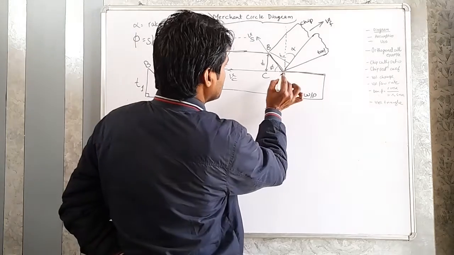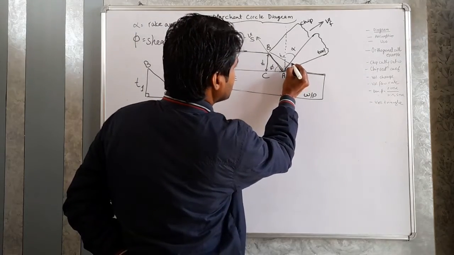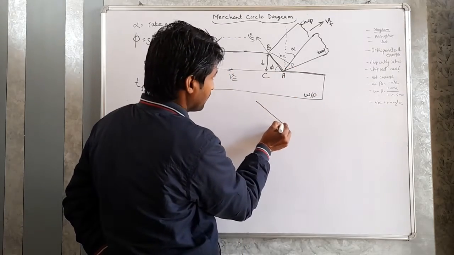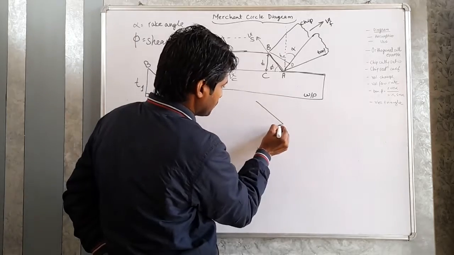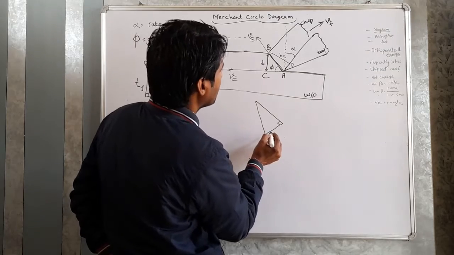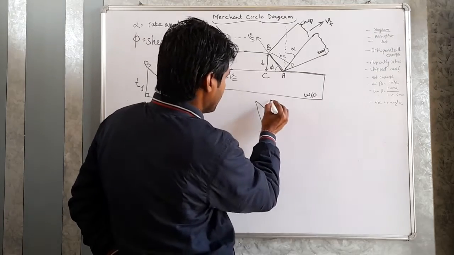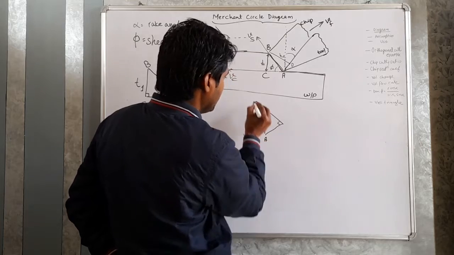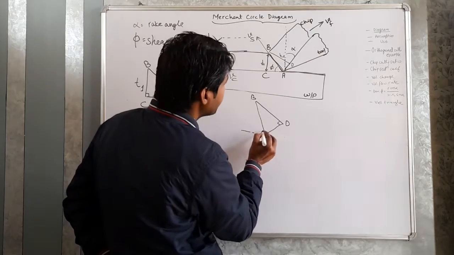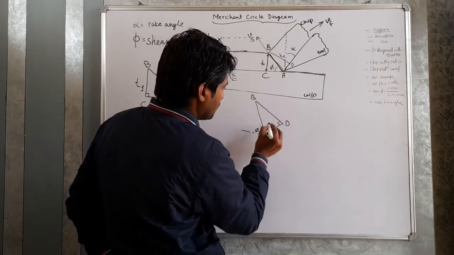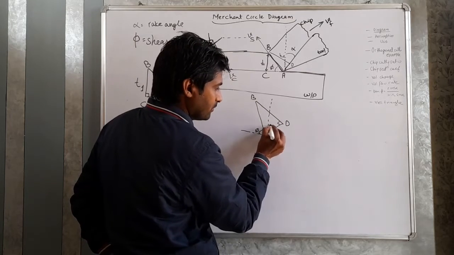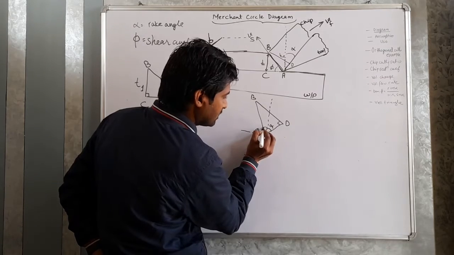Similarly, consider this triangle ABD. This is point D. Triangle ABD. As we know that this is angle phi, and this is alpha. So this one is 90 minus phi.